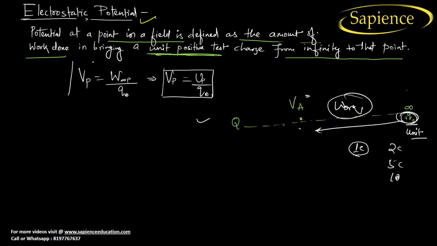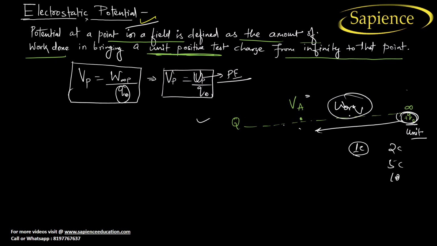So the potential at that point is equal to W from infinity to P divided by Q naught. So Vp is equal to Up by Q naught. That is your potential energy per unit charge. So this is the potential.